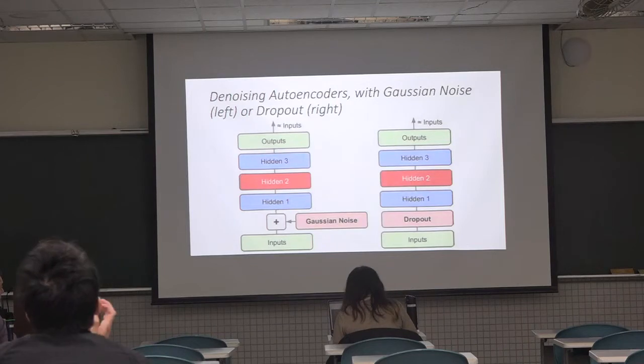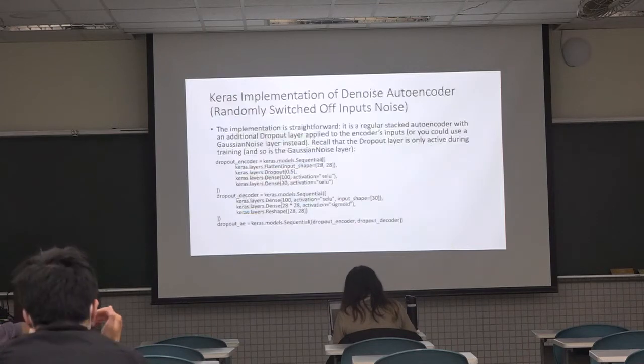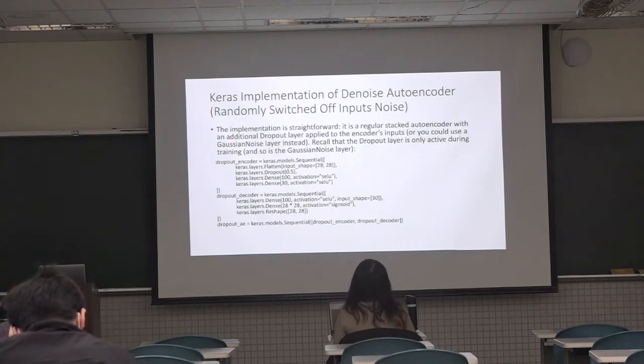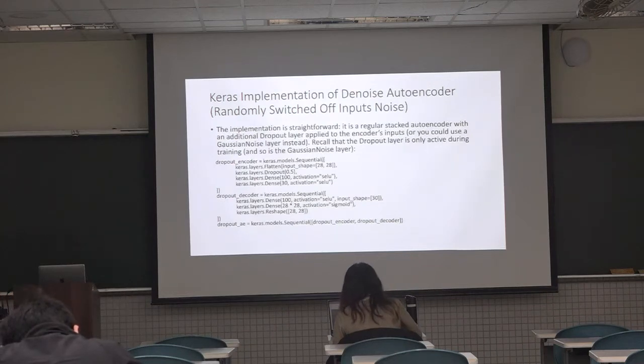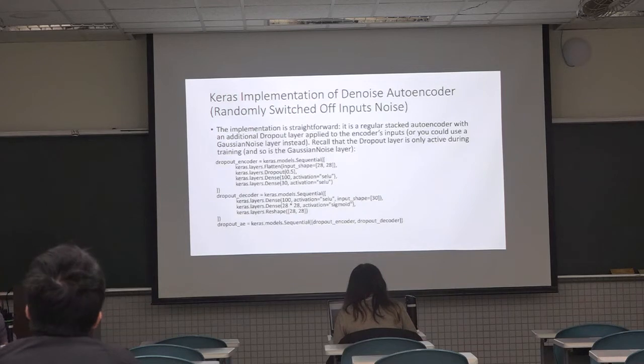But anyway, this is the example. You can see this is a dropout encoder. We still use the Fashion MNIST dataset. You can see we flatten this image into one dimension, and then we apply dropout with 0.5. 0.5 means each pixel has a 50% chance to be dropped.